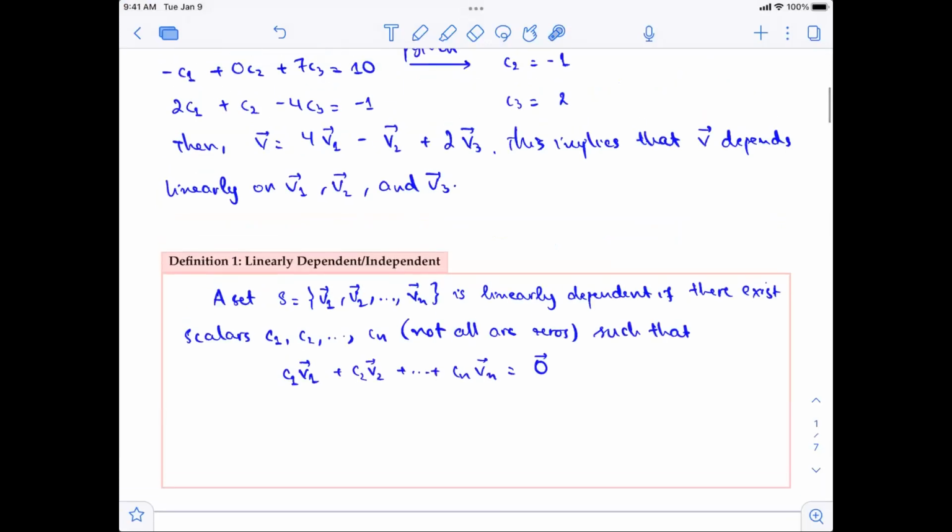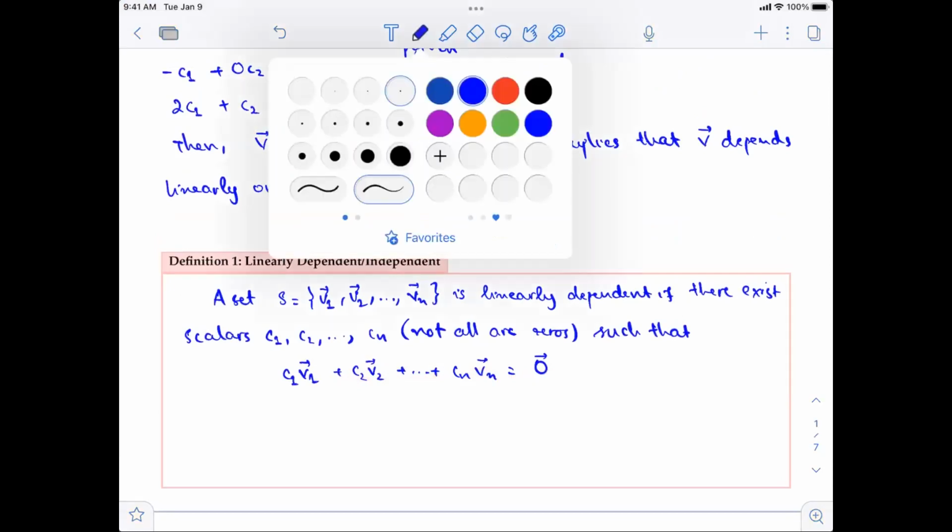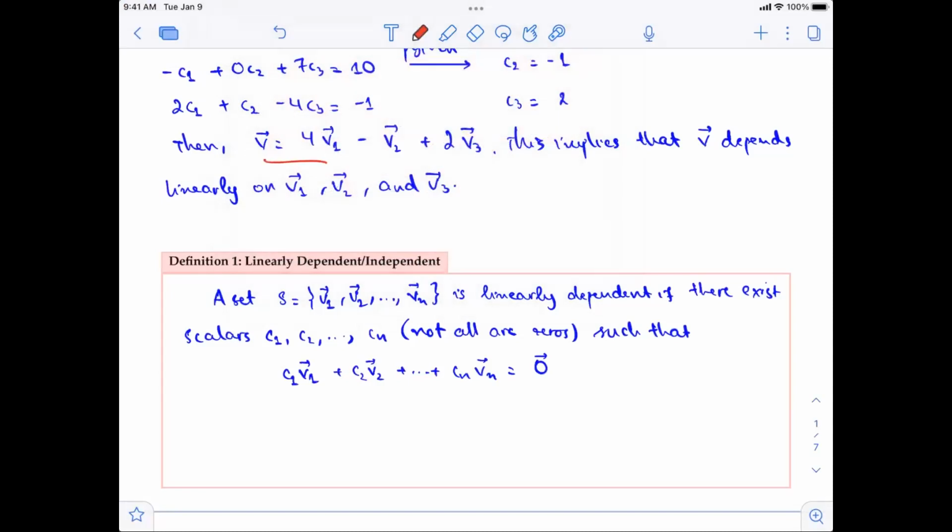And we can see this particular equation from this example by rewriting it as V1 minus V2 plus 2V3 minus V equal to 0. So you just basically move V to the right-hand side, or rearrange the terms so that we obtain the zero vector on the right-hand side of the equation.